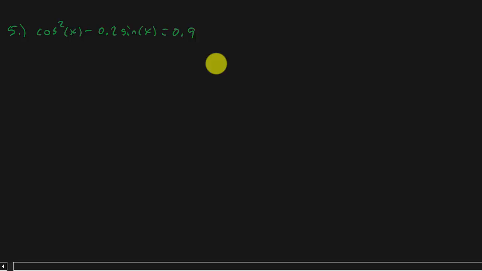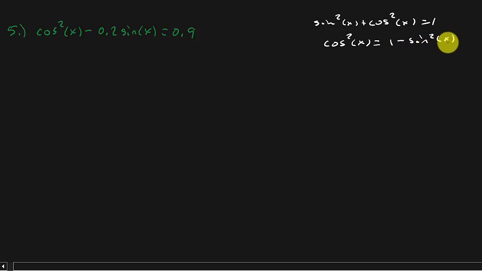And I can change cosine squared into sine squared, because remember, sine squared plus cosine squared equals 1. So cosine squared is equal to 1 minus sine squared. You see that? So I can replace cosine squared with 1 minus sine squared. Let's do that: 1 minus sine squared x minus 0.2 sine x equals 0.9.